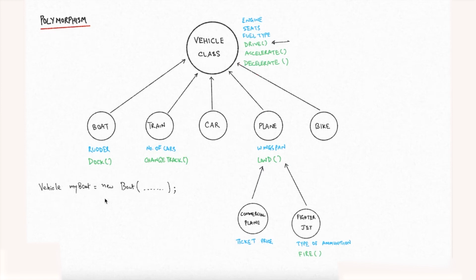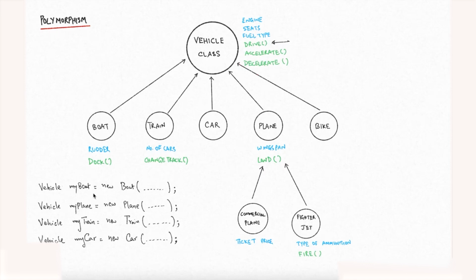In the same way, if we are instantiating a plane, we can write this. This is the new keyword, the plane constructor, the name of the object, and the type of the object. So you see, even though this is a boat, it is actually a vehicle object because we defined it that way. Even though this is a plane, we defined it as a vehicle type object. In the same way, we can do the same for cars and bikes and trains.